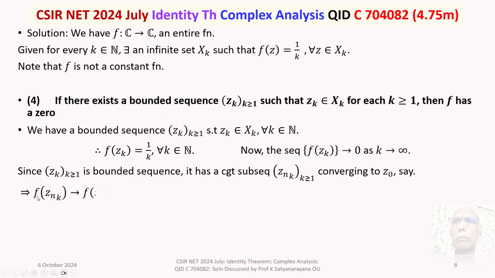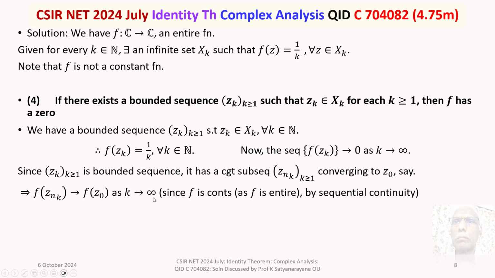So f(z_{n_k}) converges to f(z_0) as k tends to infinity, because f is continuous as f is an entire function, and we use sequential continuity: z_{n_k} tends to z_0 implies f(z_{n_k}) tends to f(z_0).